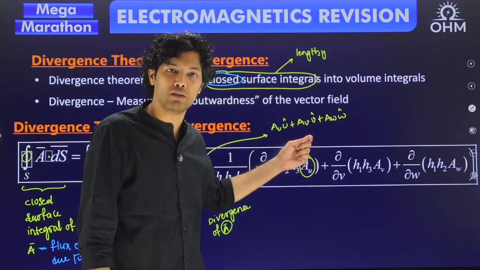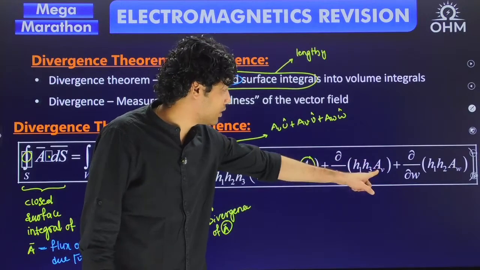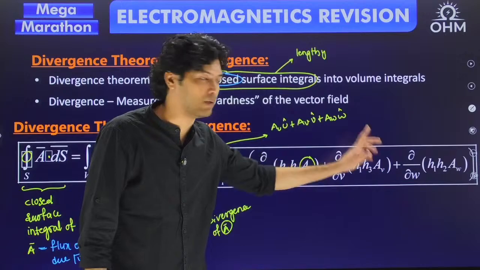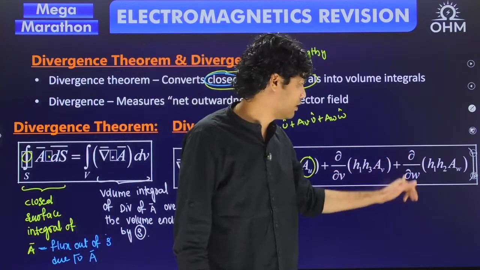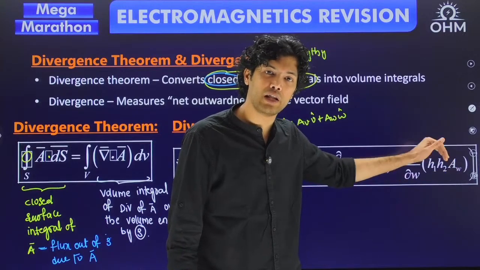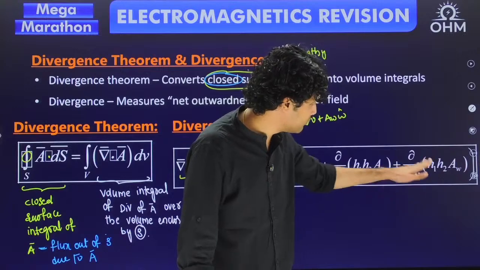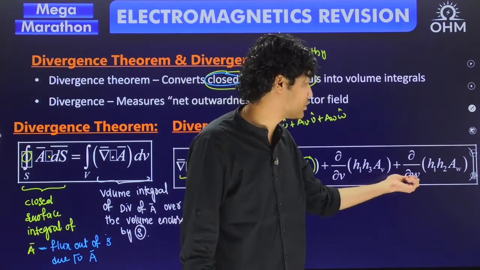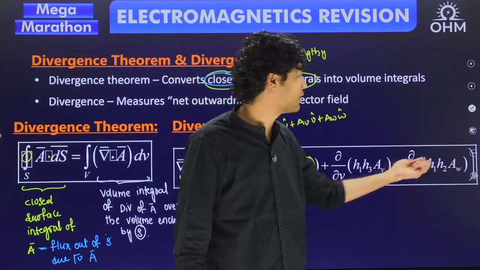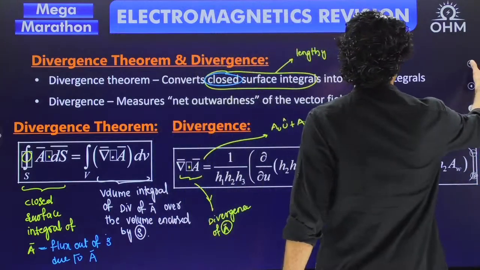Scale factor of v is h2, other than h2 we have h1 h3 multiplied with the corresponding component Av. And lastly, differentiation with respect to w. W scale factor is h3, other than h3 you have h1 h2, multiplied with the w component, Aw. Okay, so this is the expression we have for divergence.